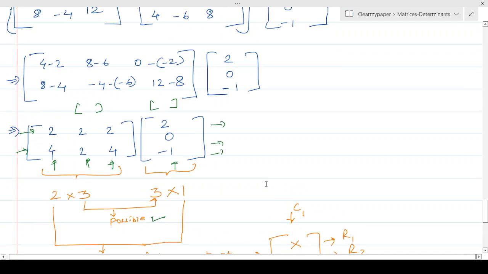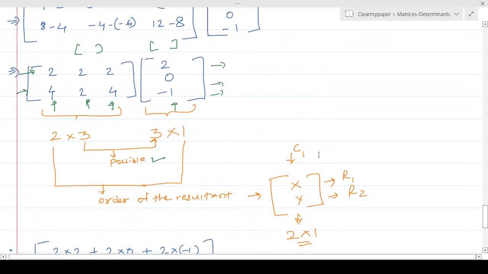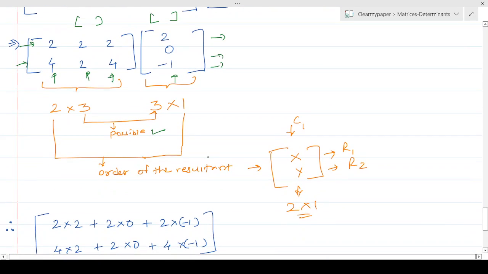Since we know in the exam they have given that the final value is x and y, we know that there are going to be only 2 rows and 1 column in the output. But even if you go by this logic where you take the outer numbers, this and this, which is the number of rows on the left matrix and number of columns on the right matrix, it shows me the order is 2 by 1, which matches this, and hence we are on a good track.